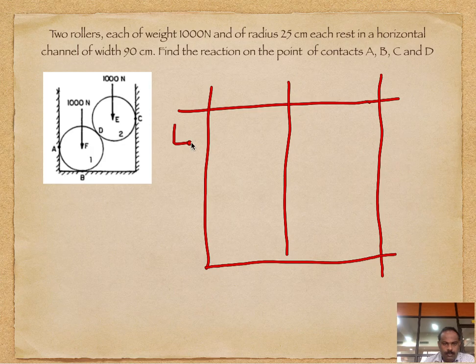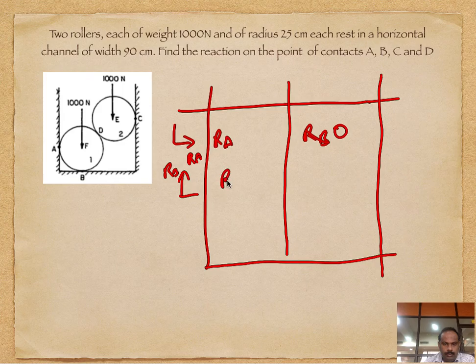Forces: first one is RA. RA cos 0 is 1, and sine is 0. Second one is RB. RB cos 90 is 0, and sine 90 is 1, so RB is there.